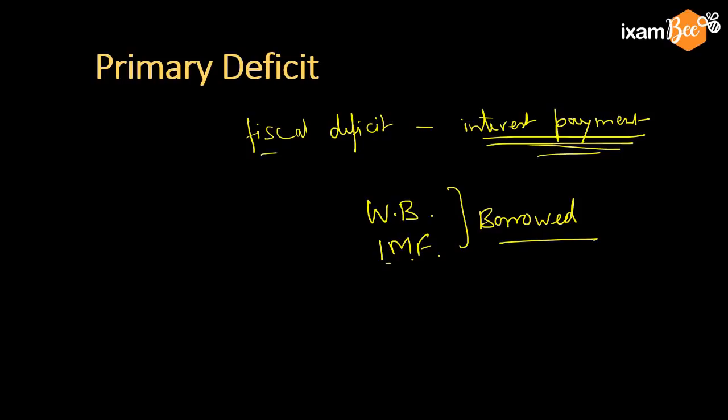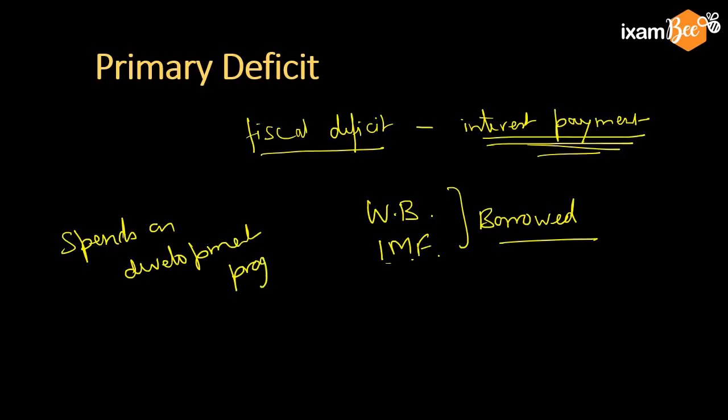Normally what happens in case of fiscal deficit? Fiscal deficit is created so that the government spends more, and it spends on developmental programs. Whenever there is a fiscal deficit, the government has to borrow more, as I told you.